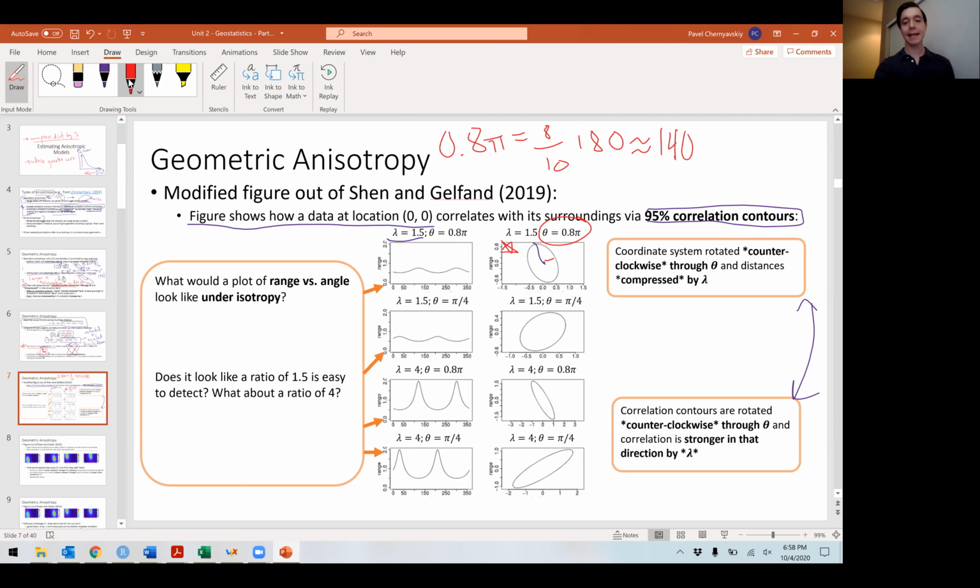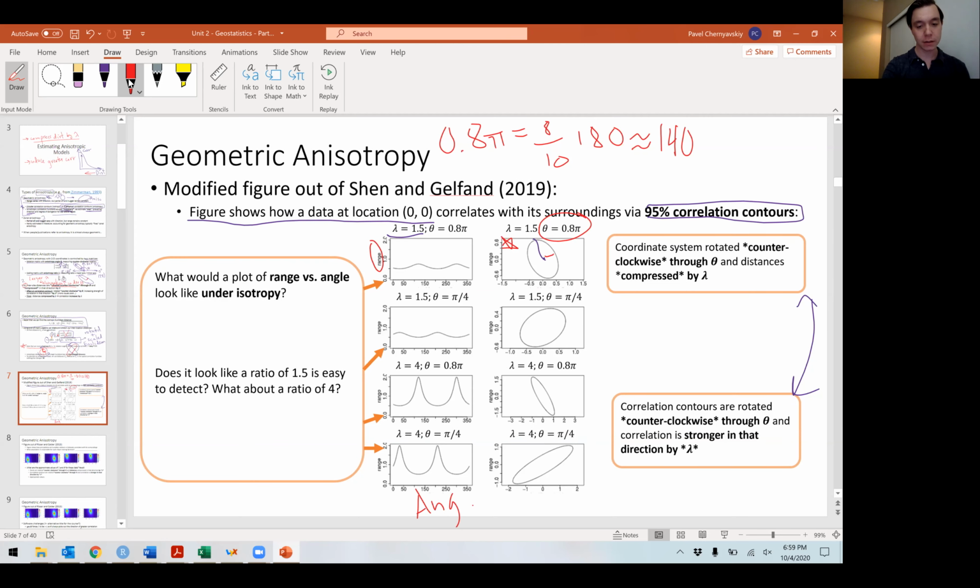So then if we take this ellipse and we unfurl it, and now we plot what the range looks like as a function of angle, we basically trace as a function of angle what that range is like from 0 to 160 degrees.